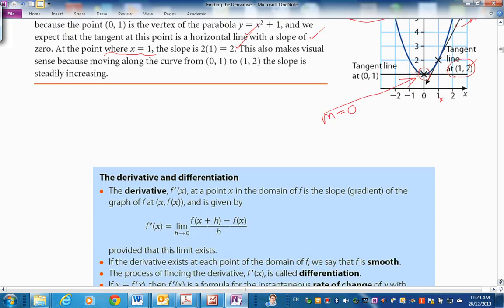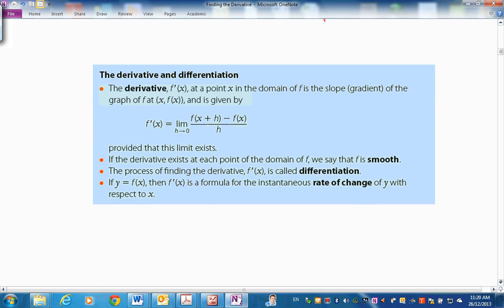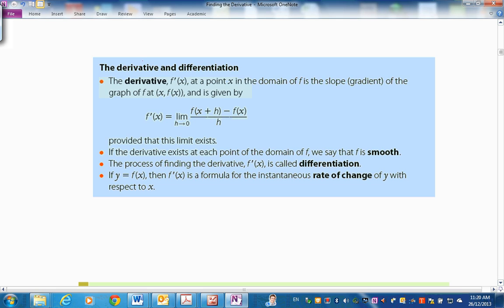Let's go on and have a look at a bit of a summary here from Pearson's. The derivative and differentiation. The derivative, and we're going to give it a symbol now. Not m of the tangent, we're going to give it f dash x. So this is called the derived function. F dash x is the derived function, or the derivative, and that's going to give us the slope of the tangent.